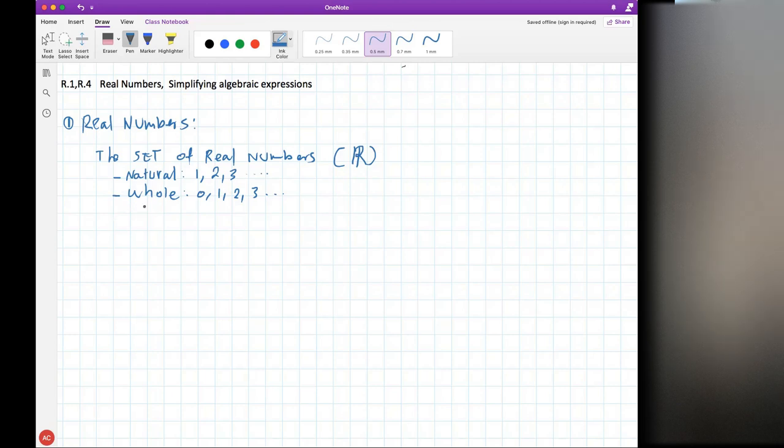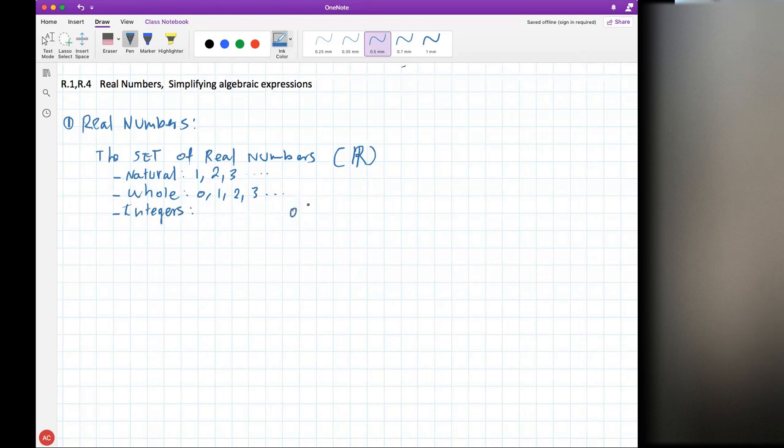What's missing now in terms of the numbers that we know and are familiar with? What type of numbers don't we see yet in these groups? Negative numbers. That's right, the negative numbers. So now if we add the negatives to this, we get a new group called the integers.